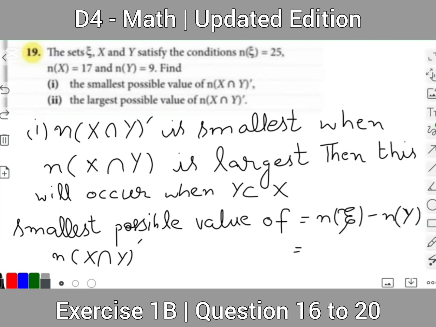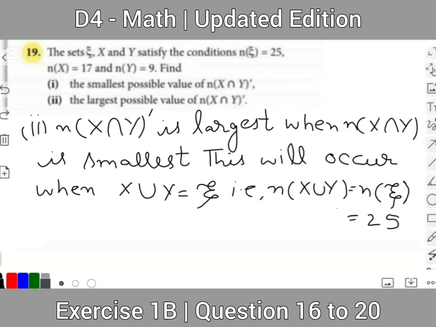So the values are 25 minus 17, and after subtracting, we will get 8.